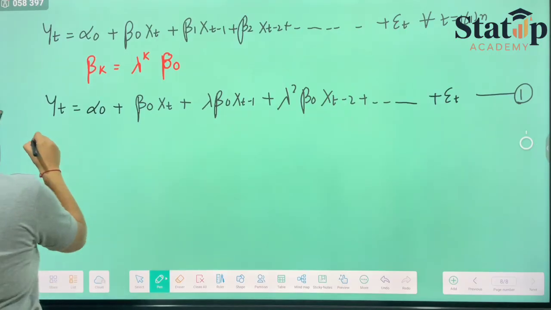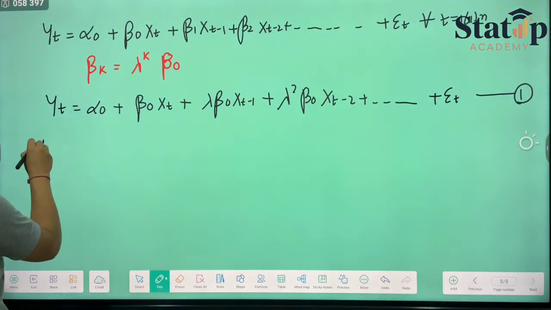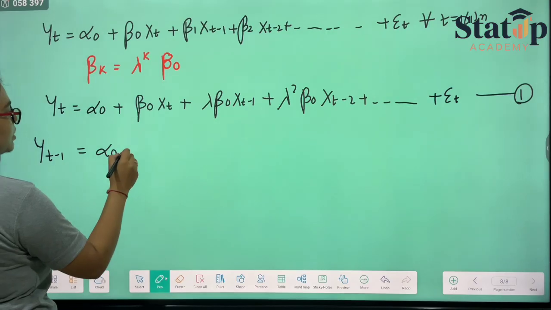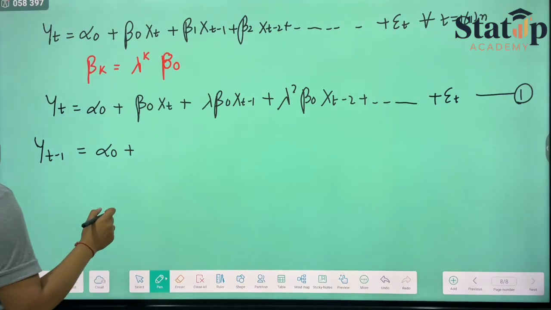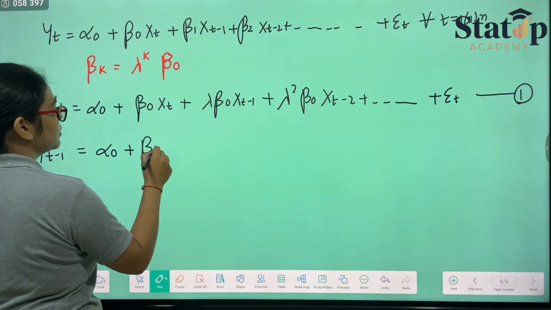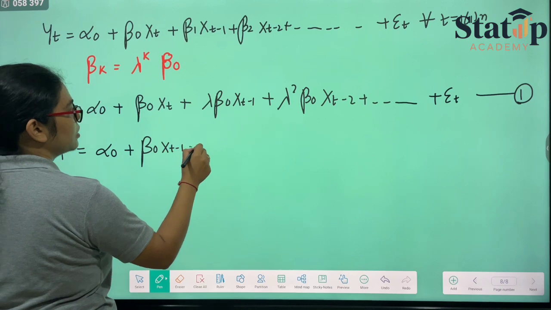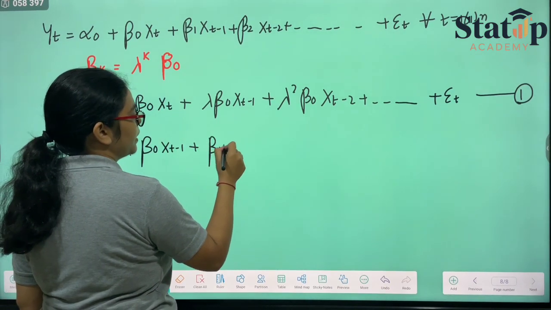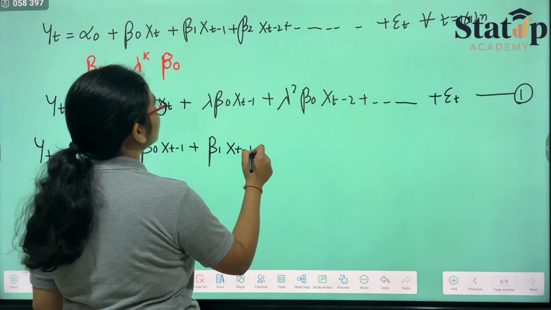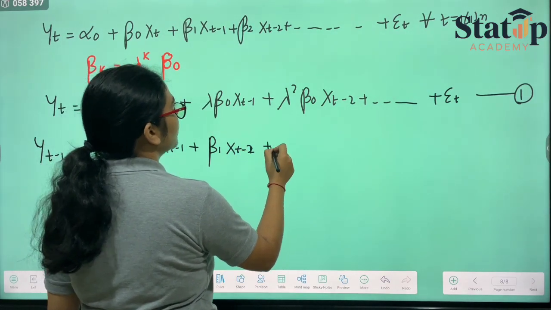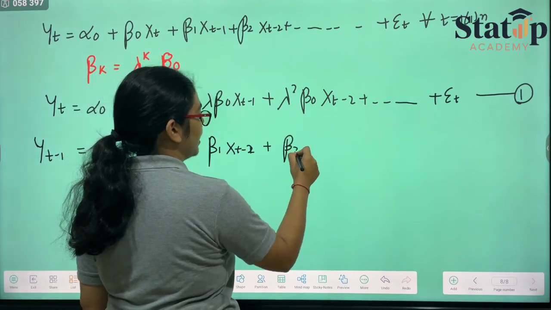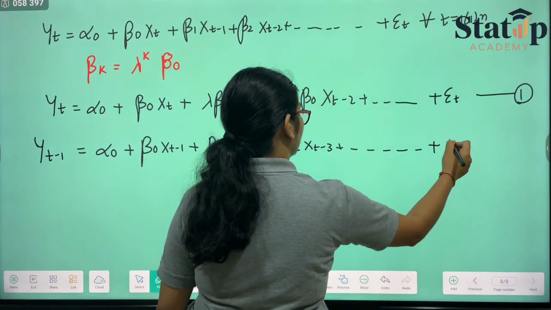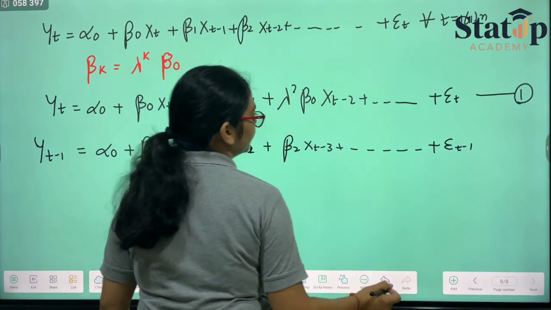Now for the second equation we will take yt minus 1. Yt minus 1 can be written as alpha naught plus beta naught xt minus 1 plus beta 1 xt minus 2 plus beta 2 xt minus 3 up till epsilon t minus 1.